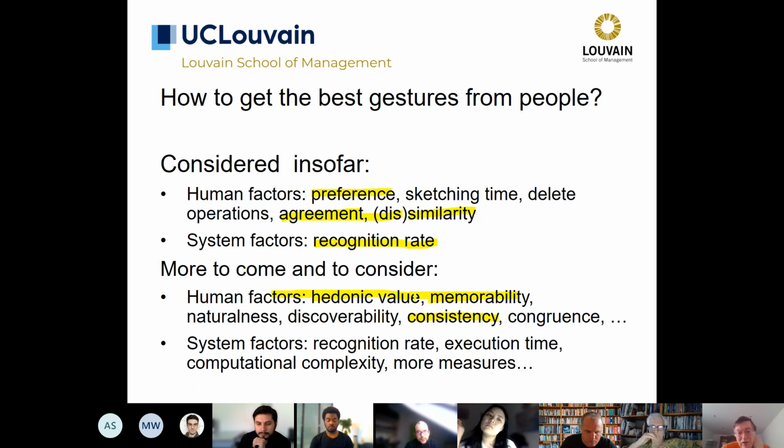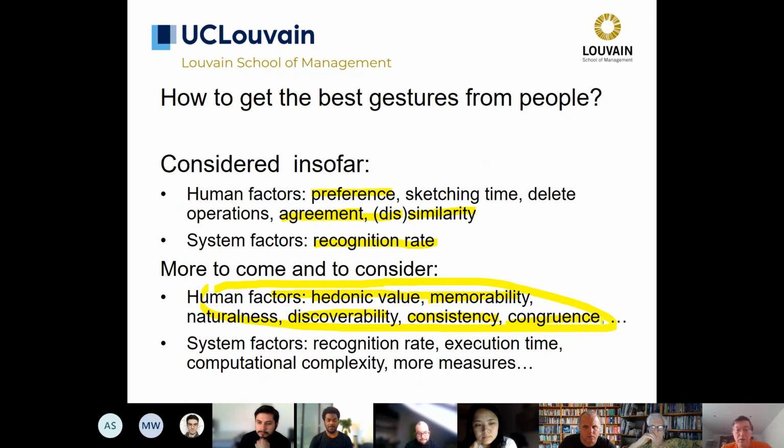Next week, we will come back to this, so we can still continue discussing all of these human factors. And still today, we don't have any list of those factors. Some people are working on discoverability, some other people are working on congruence, some other people are working on transferability.